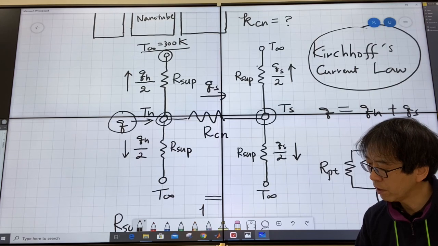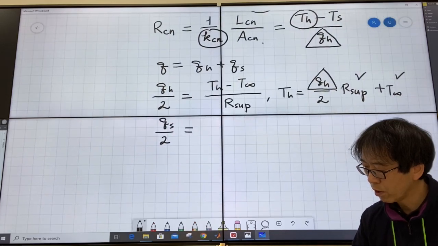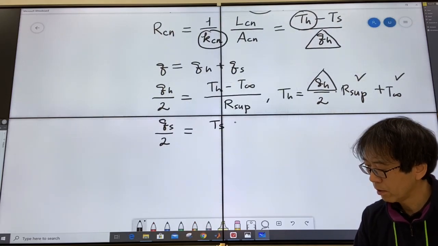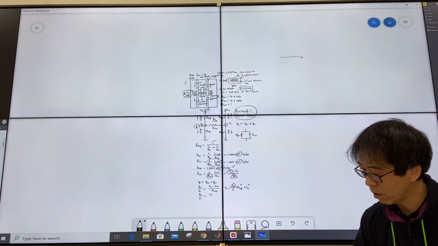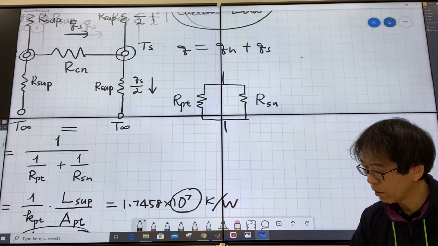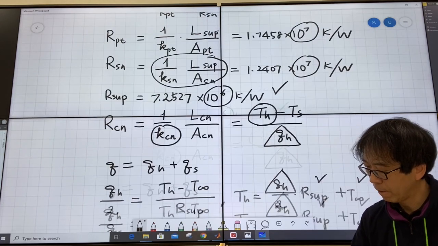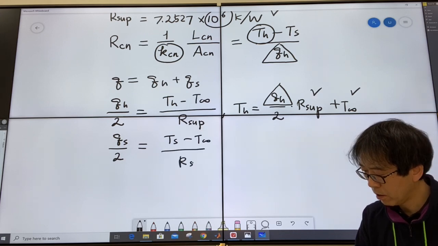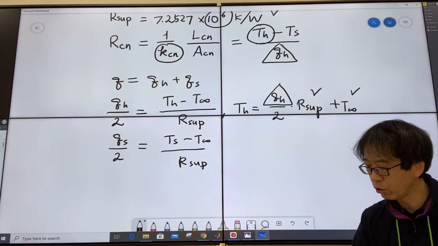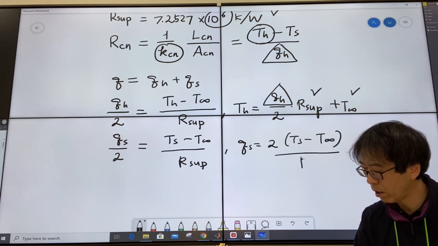You can set up the current equation again. So half of QS will be TS, the temperature right here, which is given, minus T infinity, over R supporting structure. So you can calculate QS. QS is nothing but twice this value, TS minus T infinity over R supporting.